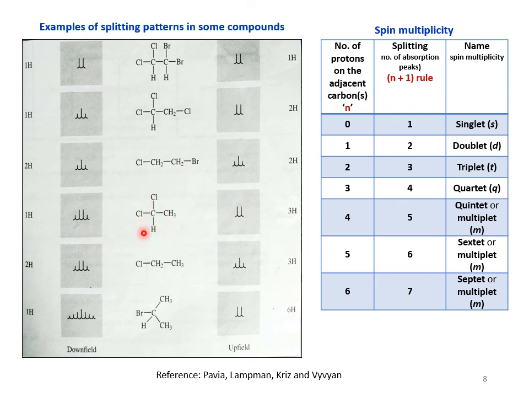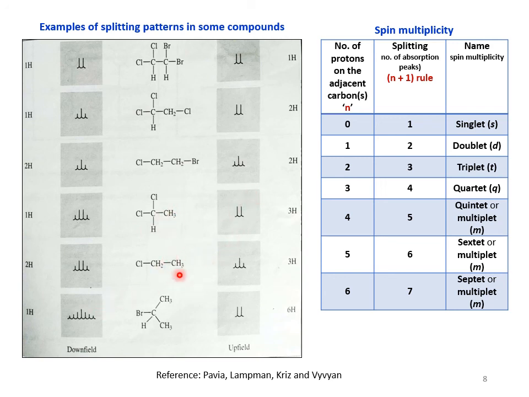And the signal for the methine proton splits into 4 because it has an adjacent carbon atom which has 3 hydrogens, therefore 3 plus 1 is 4. And since the methine proton is bonded to carbon which has 2 chlorine atoms, the methine proton is greatly de-shielded compared to the methyl protons.